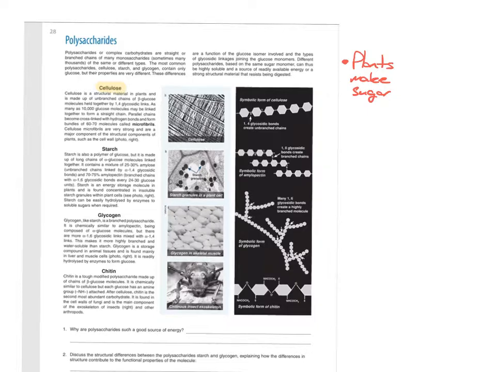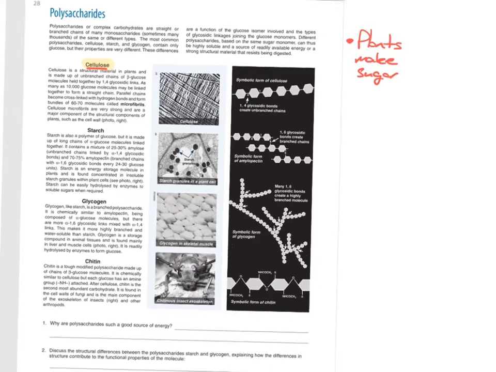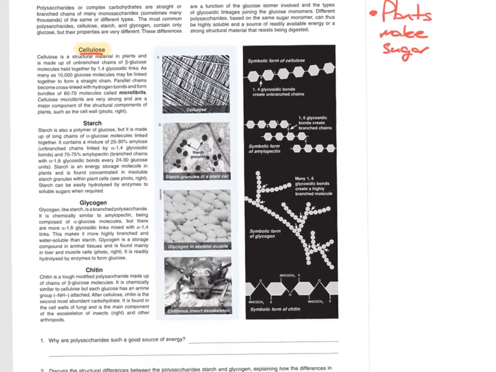Some of the sugar they use for energy, but other sugars they make into cellulose. Cellulose is structural. They don't break down their own cellulose. Very few things can break cellulose down.